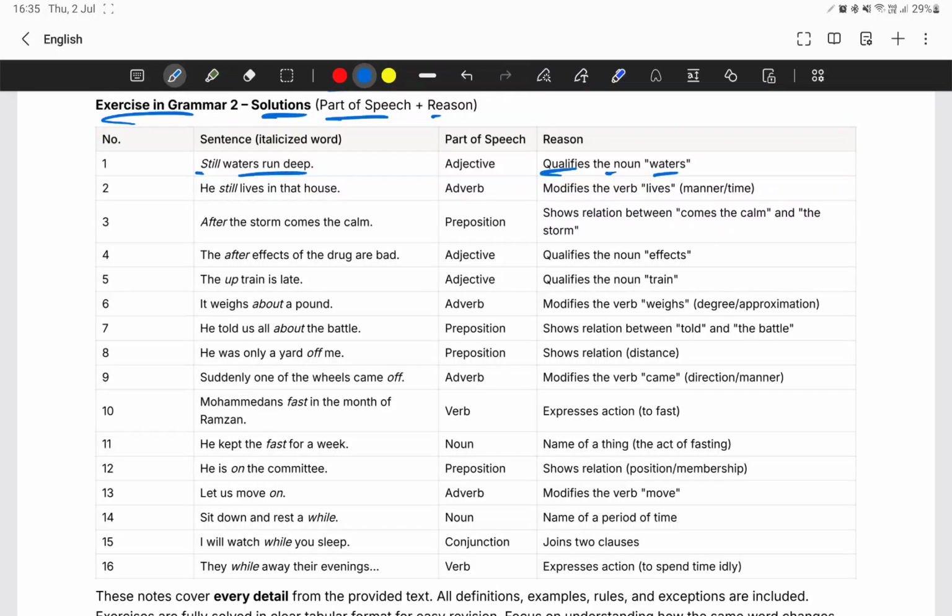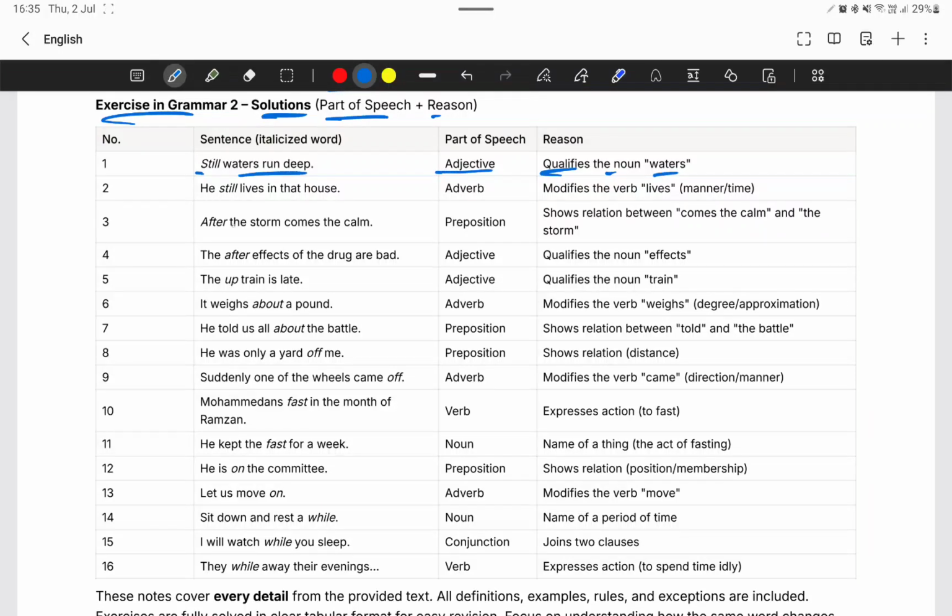It is saying still waters run deep, so it is talking about water. It is focusing on water, and water is a noun, and when a word adds a meaning to a noun, then it is called an adjective.